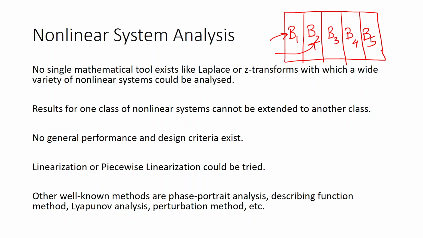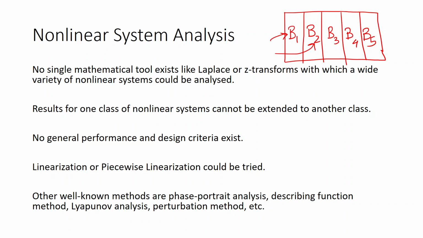So the actual analysis steps and approach may be completely different. So there is no single approach and mathematical tool which could be utilized all through B1 to B5 or all through all the phenomena. Every phenomenon has to be looked at differently. So that is the complexity that nonlinear systems introduce. However, that is also the richness and the beauty of it.